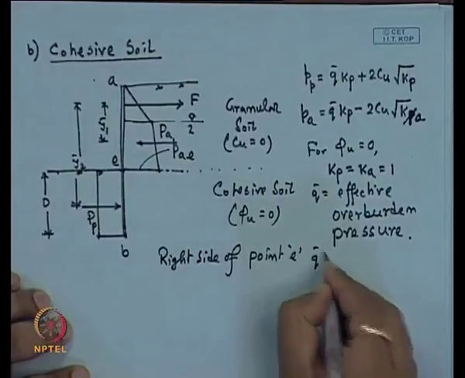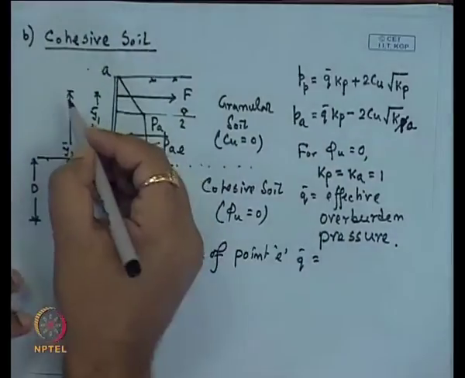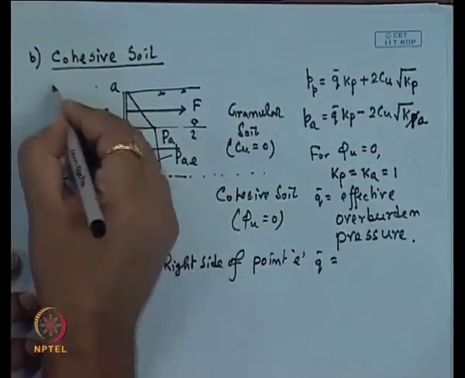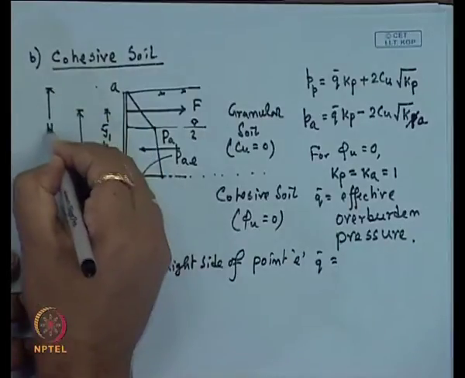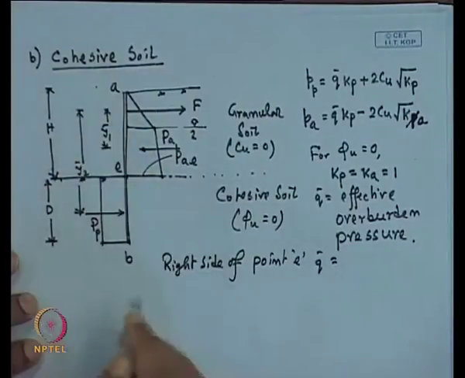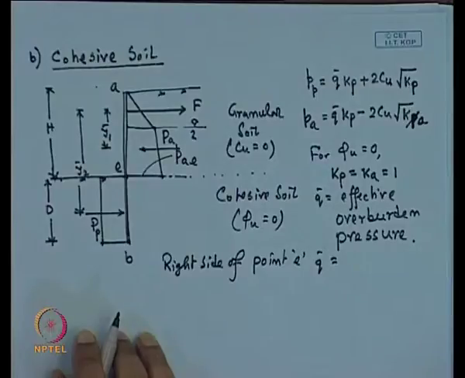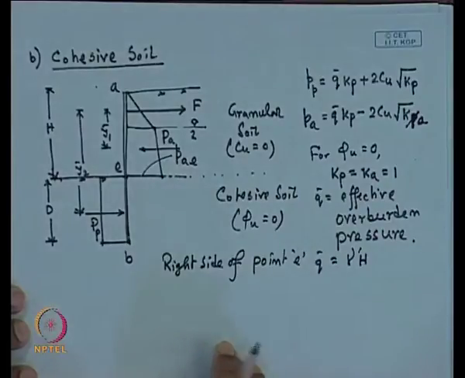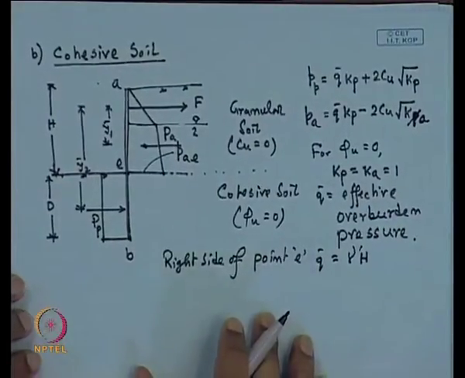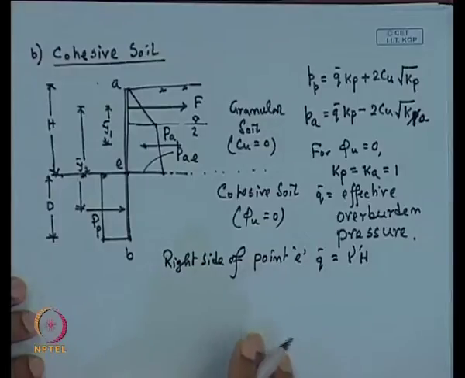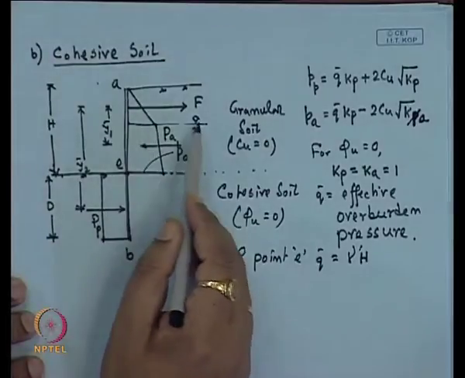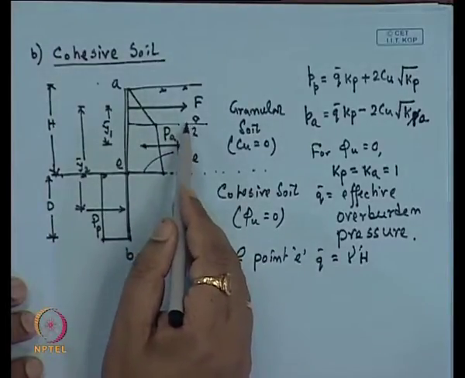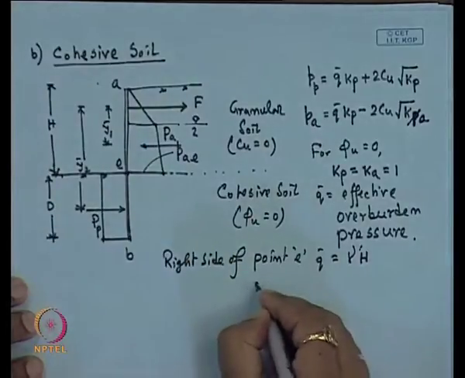the Q bar value is, if this is H again, H is the height of the sheet pile from the dredge level, then that will be gamma into H. This is effective, or as the water table is here, we can calculate in another form also.